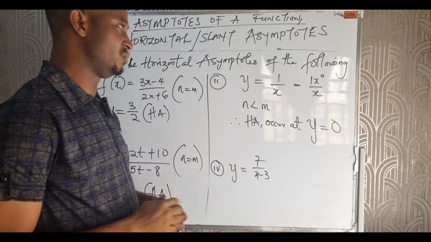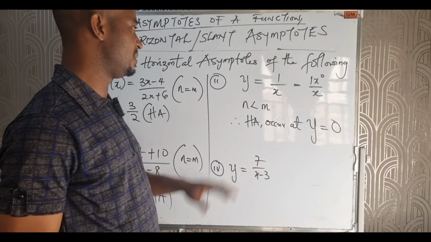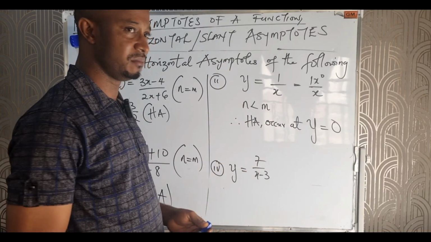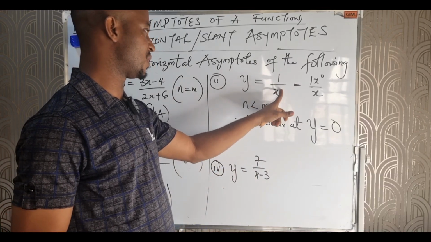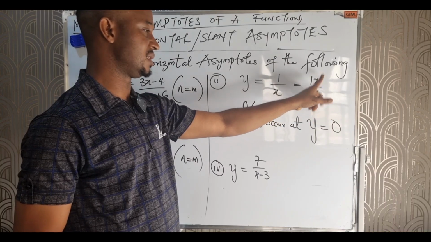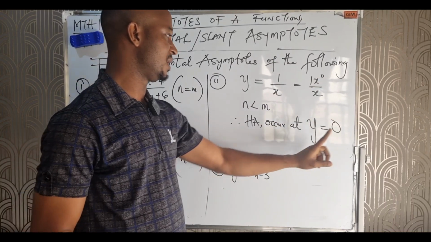Whenever the degree of the numerator is less than that of the denominator, meaning the function is bottom heavy, we have more power in the denominator than in the numerator. The power here is 1 and the power here is 0, so n is less than m. So HA occurs at y equals 0.